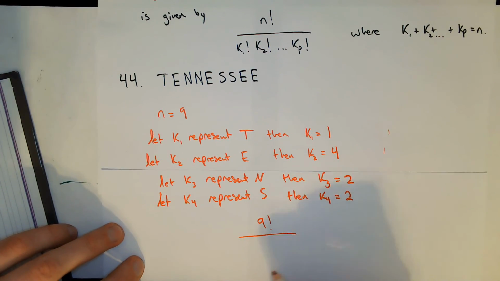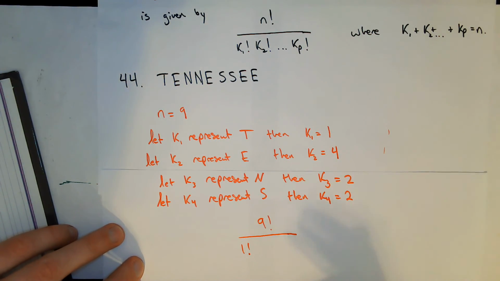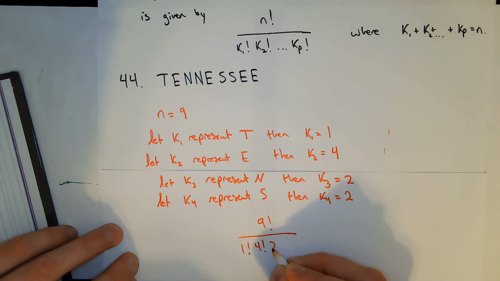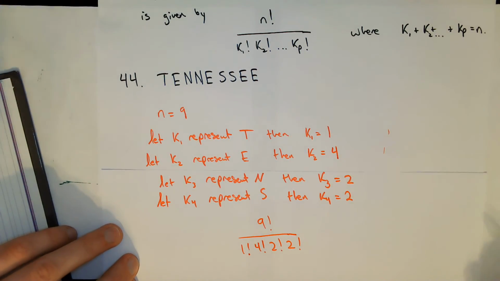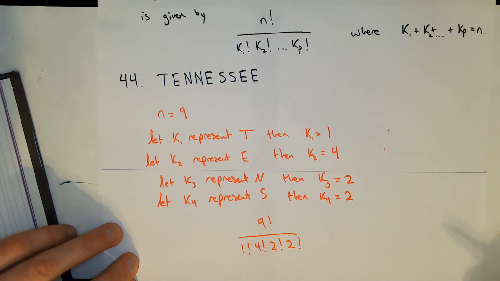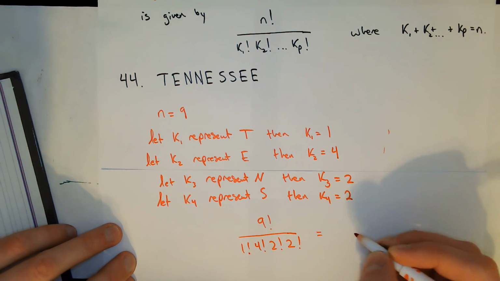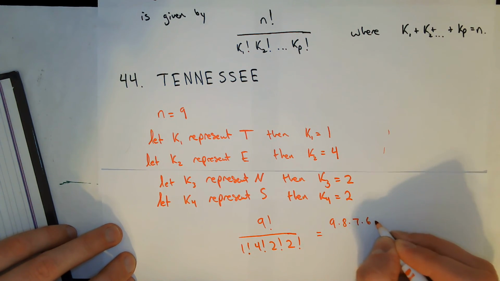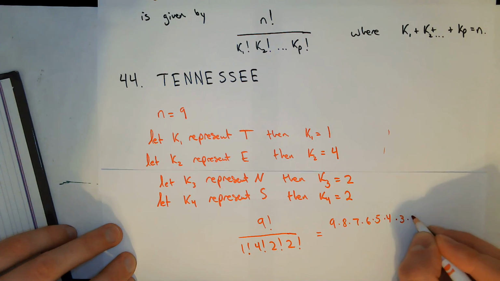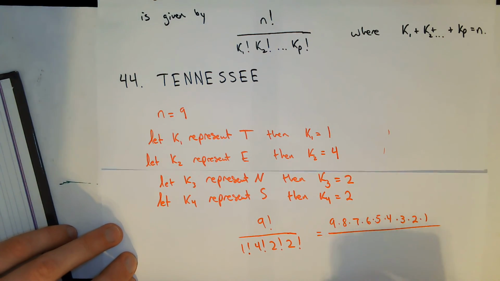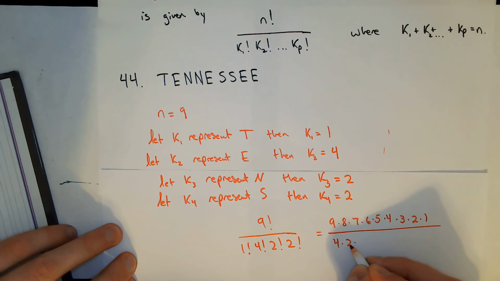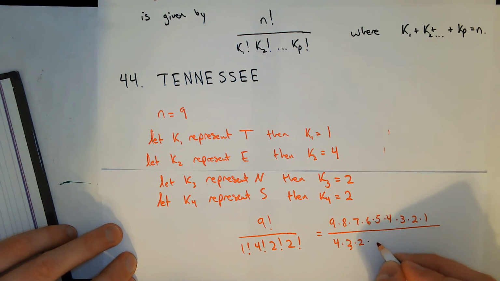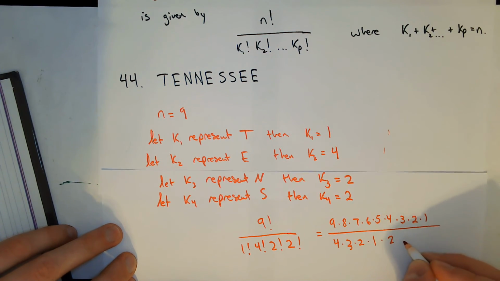All right, and in the bottom here, I'm going to have k1 factorial, so 1 factorial, which is meaningless, then 4 factorial, 2 factorial, and 2 factorial, just by following along with this formula. I'll just write it all out. 9 is not too big. 1 factorial doesn't matter. 4 factorial is 4 times 3 times 2 times 1, and then 2 factorial is times 2 times 1.